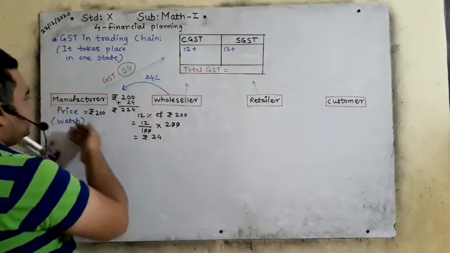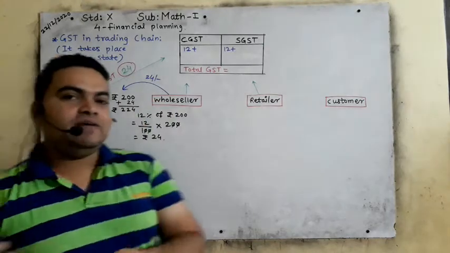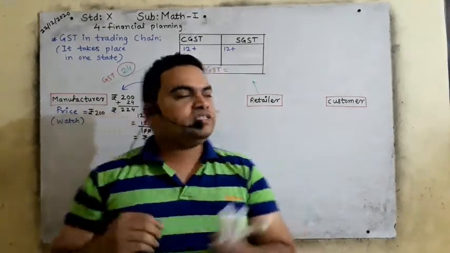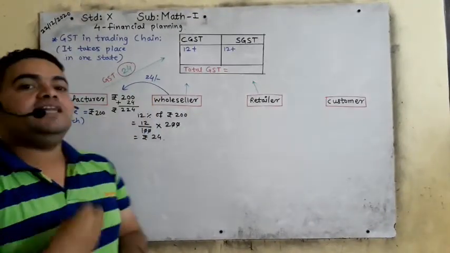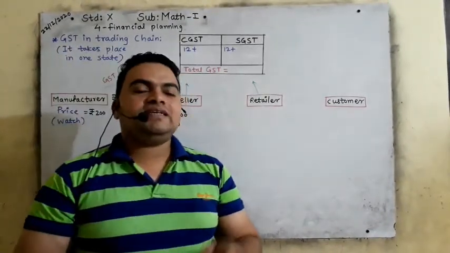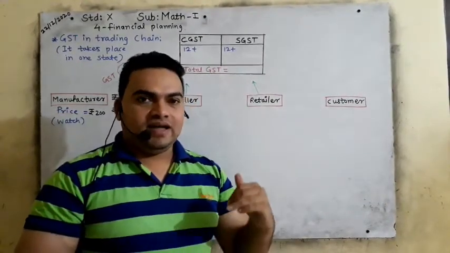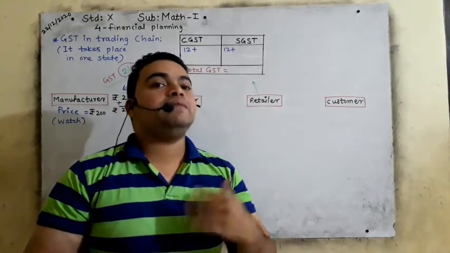The wholesaler is purchasing the watch from the manufacturer. So at the time of purchasing any product, the wholesaler paid 24 rupees, and that is called input tax. It means if you are buying something, at the time of purchasing, if you are paying some tax, that is called input tax.